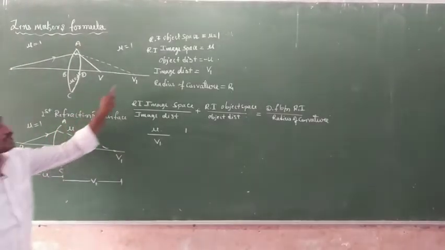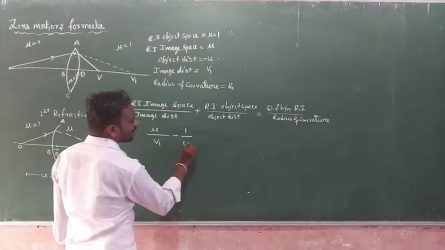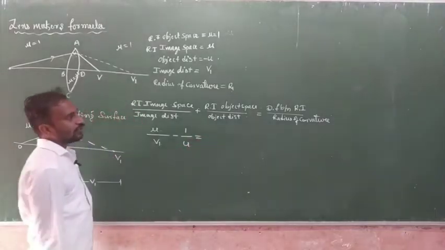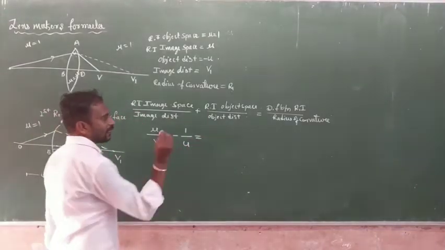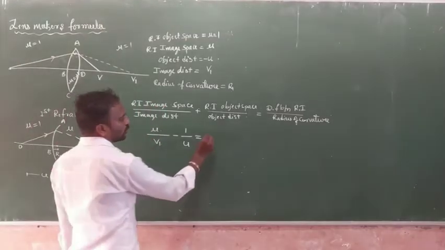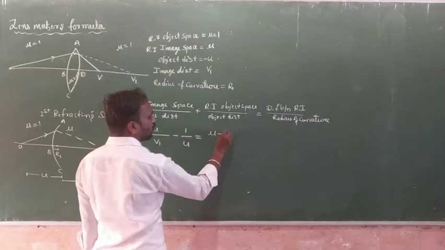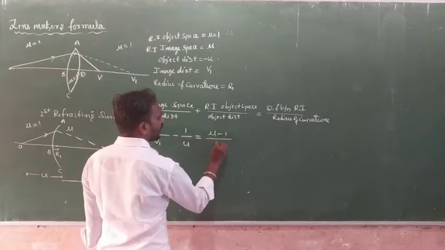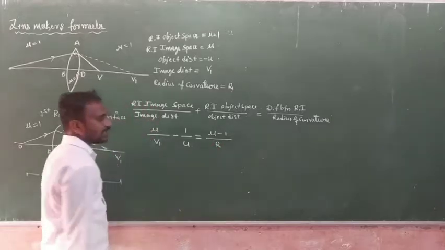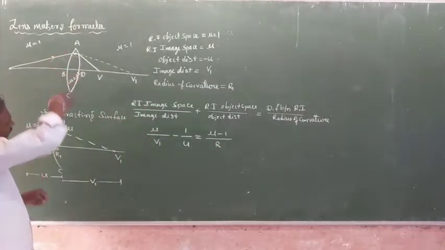The object distance we consider negative, so minus u, is equal to the difference between refractive indices, mu2 minus mu1. So mu minus 1, divided by the radius of curvature R. And now for the second surface.